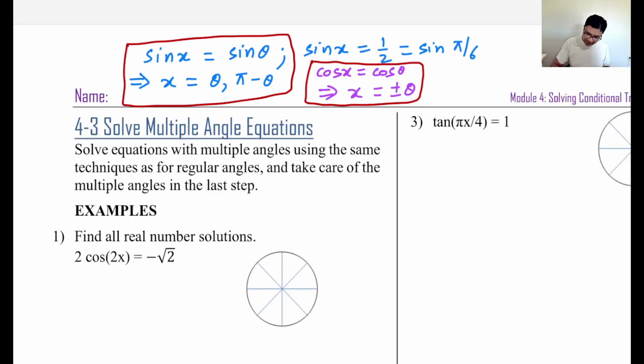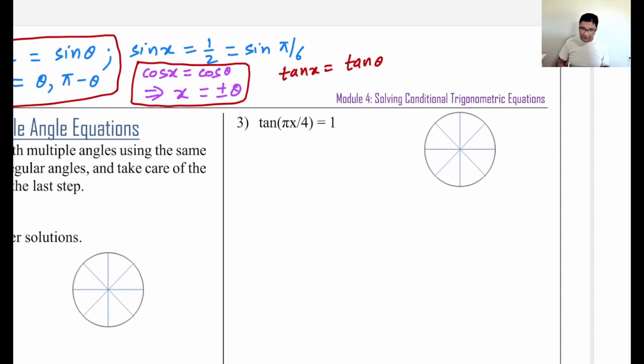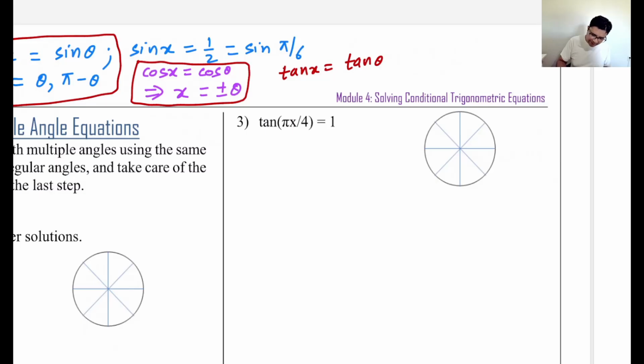And finally, if tan x equals tan theta, again theta being a known small angle, then your x is theta, and remember tan is periodic with pi.